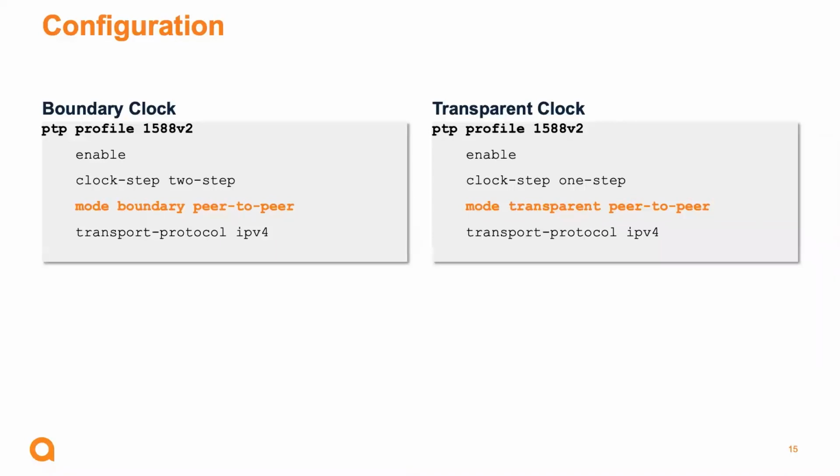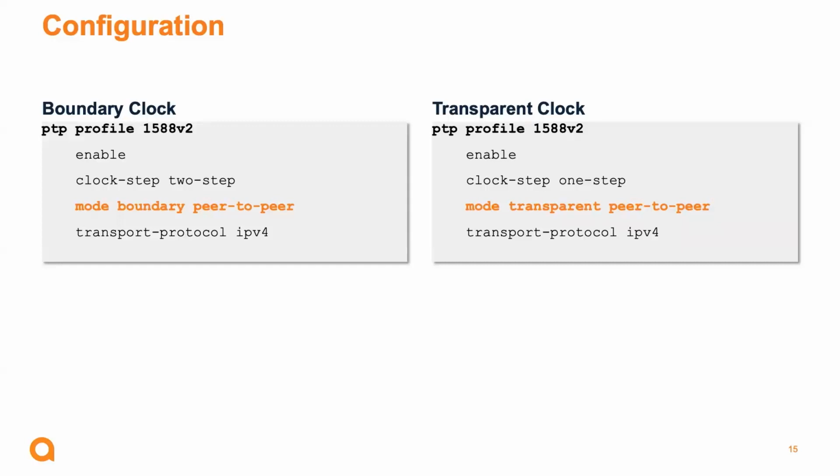And then you go, remember, some future profiles will force you to go to peer-to-peer, and then you enable the profile. In this case, I'm using a two-step mechanism, and on the left, I have a boundary clock configured as peer-to-peer, and then on the right, I have the transparent clock with a peer-to-peer delay mechanism also running. So as you can see, there's no secret here.